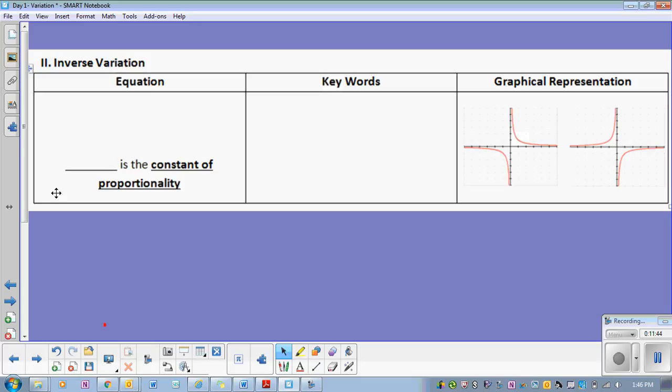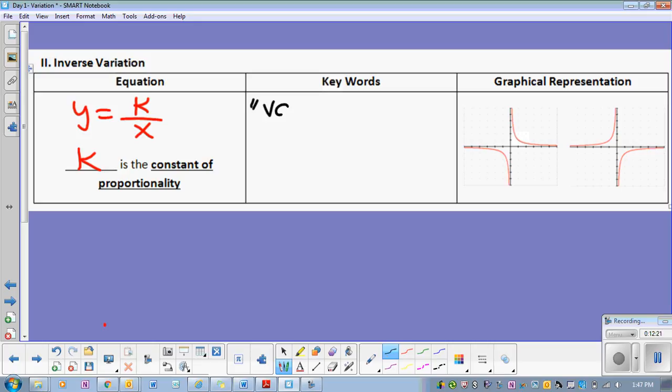So what does this equation look like? Well, this one is y equals k over x. Right? It's a division. The other one was multiplication. So what is the constant of proportionality? Which letter? K. Good. K for constant. All right. So now, what are my key words?